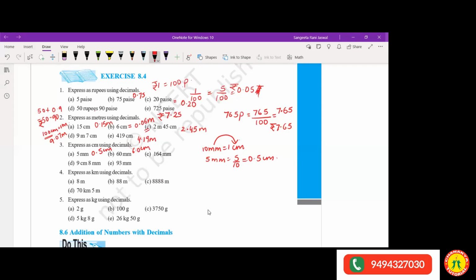Charvik, you tell me 164 millimeters converted to centimeters. It will be 16.4 centimeters.